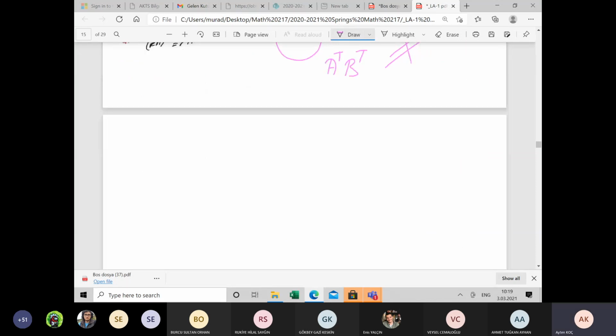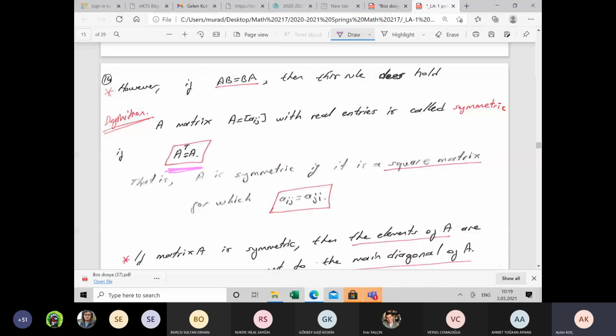Let's come back. Let's define the symmetric matrix. Take the matrix A. A is a symmetric matrix if we take the transpose and the transpose of A is equal to A. What is the symmetric matrix?